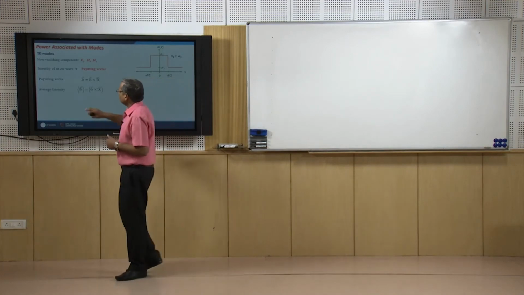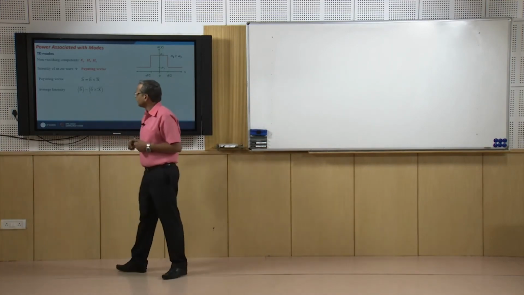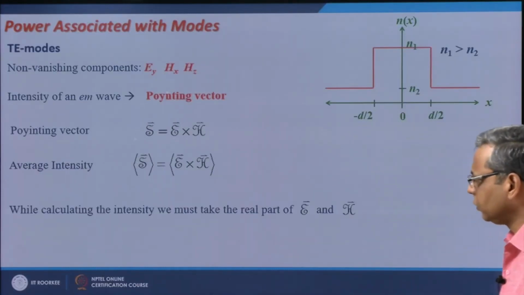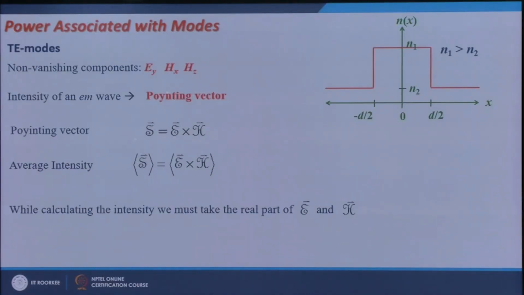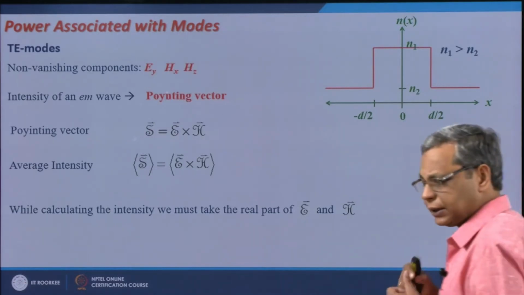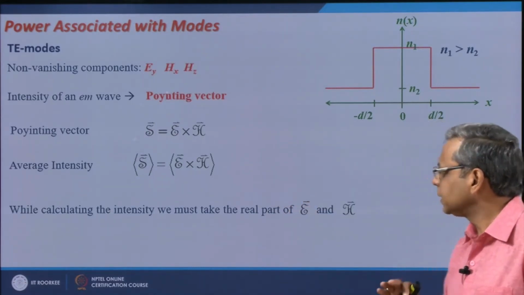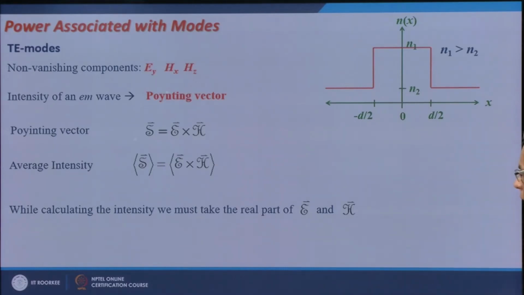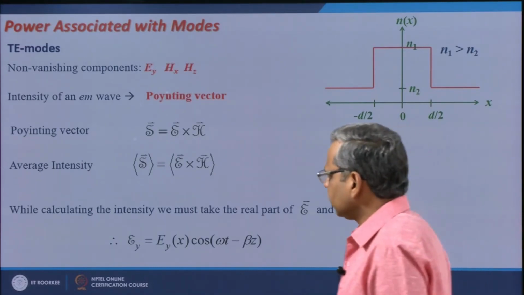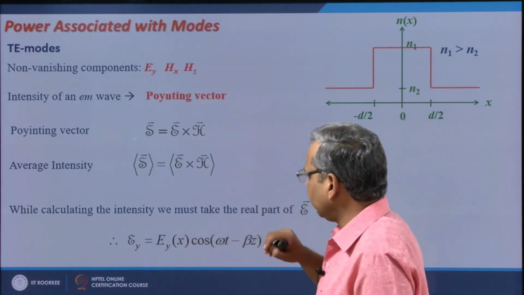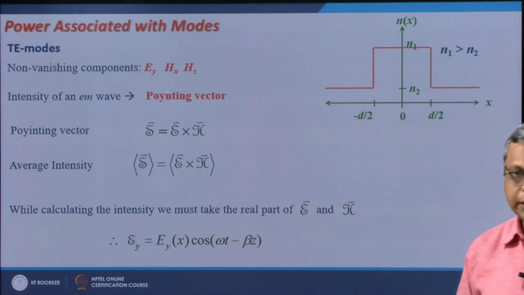So, we will find out the average intensity by taking the time average of E cross H. And since intensity is a real quantity, while calculating intensity we must take the real parts of E and H. So, for TE modes I know that Ey is defined as Ey of x e to the power i omega t minus beta z.